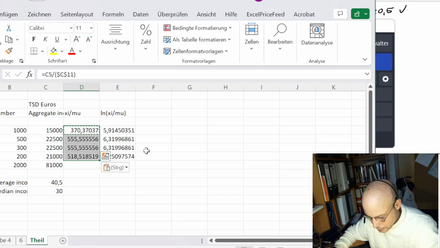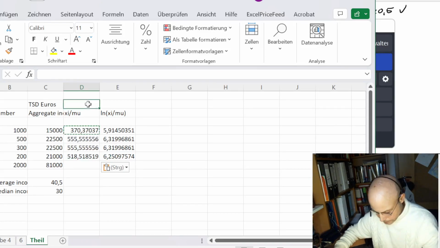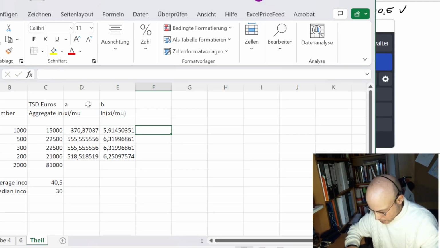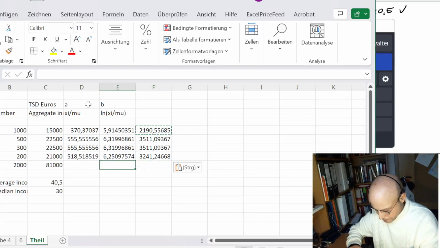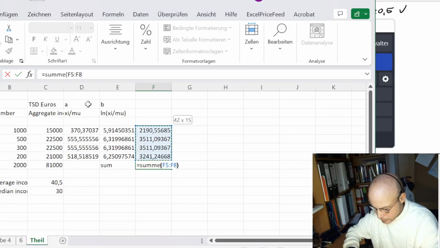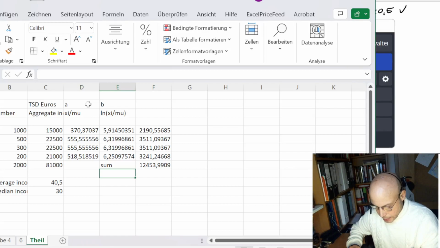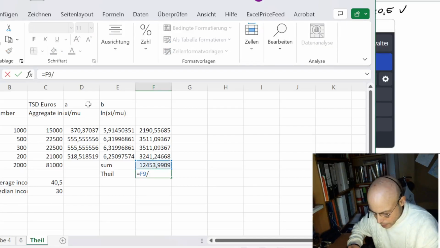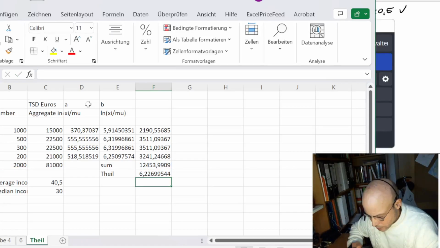And then we have to multiply this, A and B is this times this, and the sum is the summation, and then the Theil index would be this divided by 2,000. Okay.